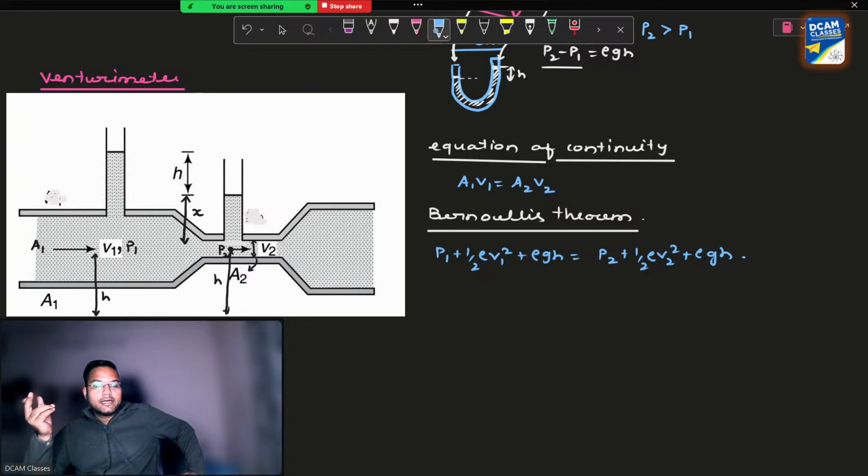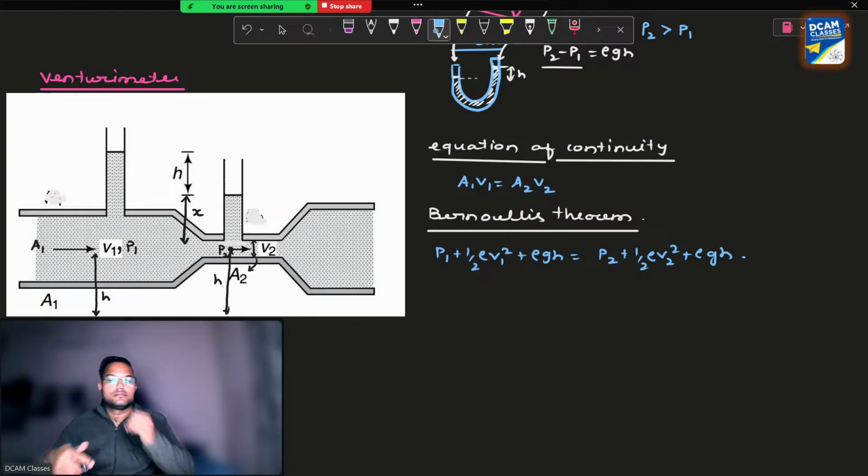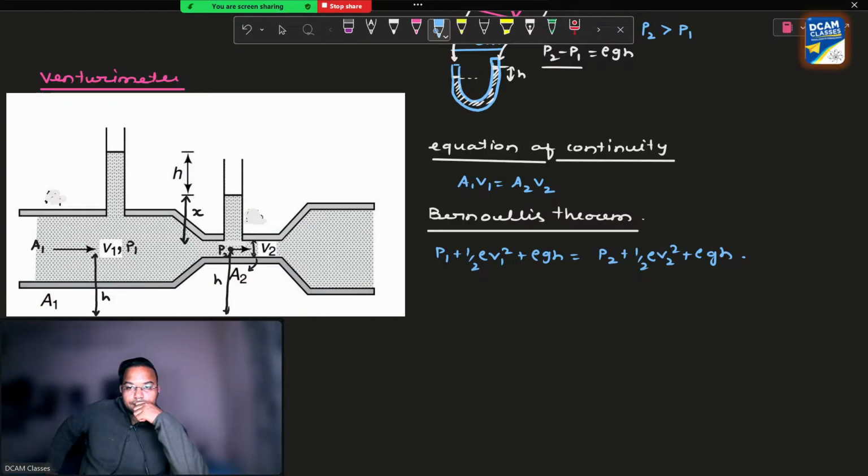Or can I find the relation between P1 and P2 in terms of H? Think. Let me tell you about the task in Venturi meter. Our task in Venturi meter is to find out the velocities V1 and V2, both the sections.